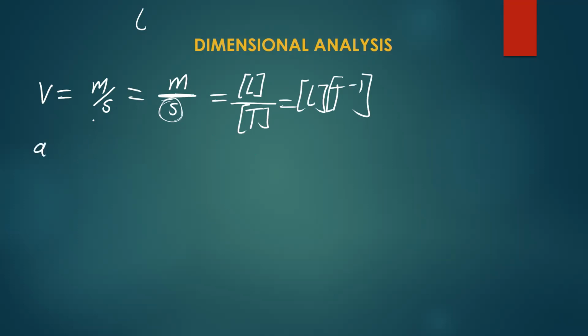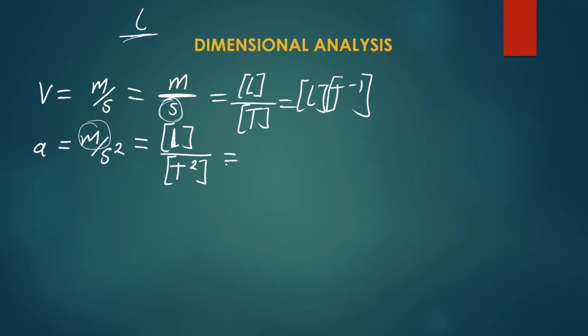dimensions for acceleration using its units. The units for acceleration are simply just meters per second squared. So this meters measures what? The length. So we have the length on top there, and then down there we have time to the power 2. And then from there, you can write it in this format.